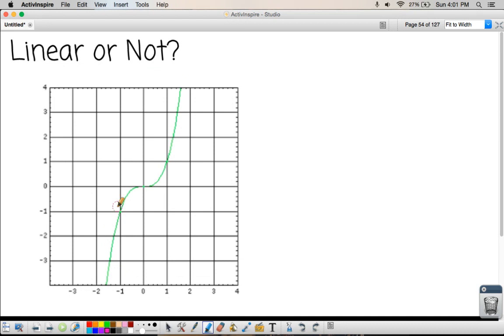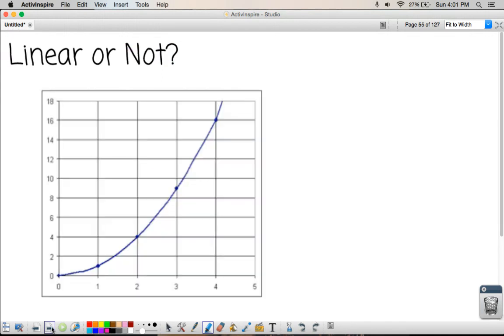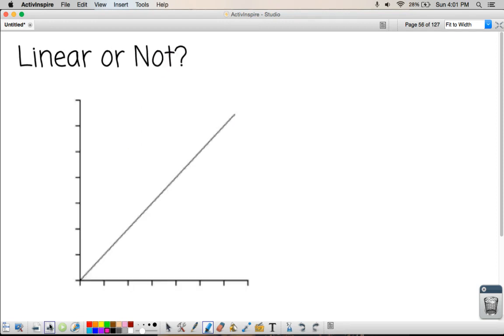Again, this one goes up, goes flat, and then goes up again, so it's not linear. This one looks like half of a U, not a straight line, so it's not linear. This one is just a straight line, so it's linear.